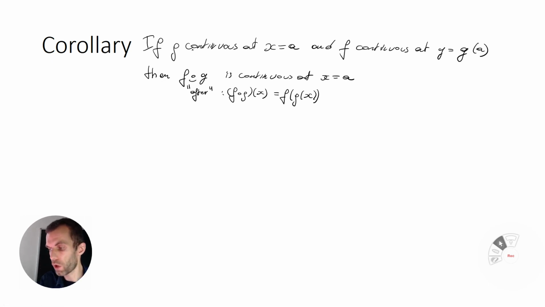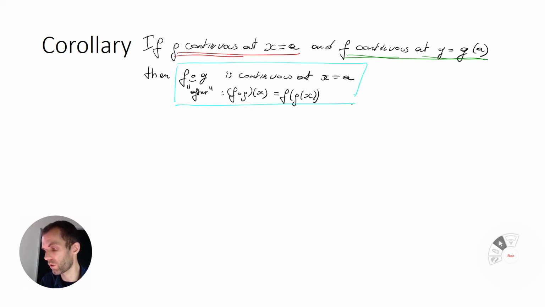So we have to check two things: g continuous at x equal to a, and f continuous at g of a, and then we get that the composition is also continuous at x equal to a.